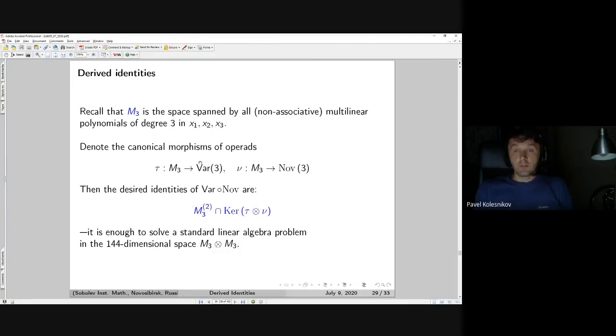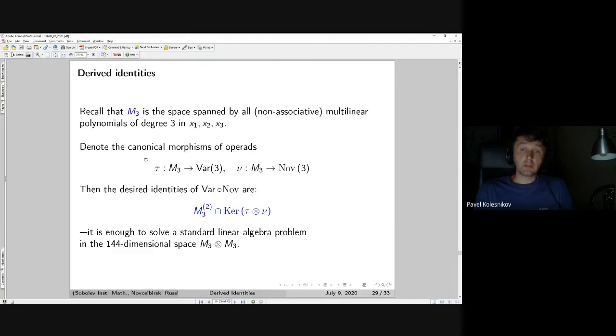And now, the spaces like Var3 or Nov3 are homogeneous components of the free algebras in the variety Var and in the variety of Novikov algebras. We have canonical homomorphisms from the free non-associative algebra to the free Var algebra and to the free Novikov algebra. We may consider the homogeneous components of these homomorphisms.